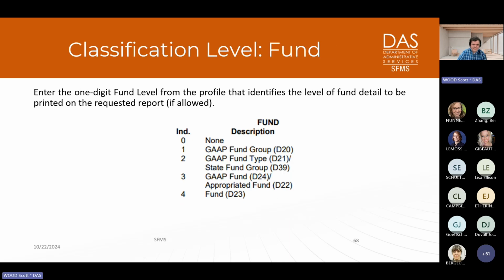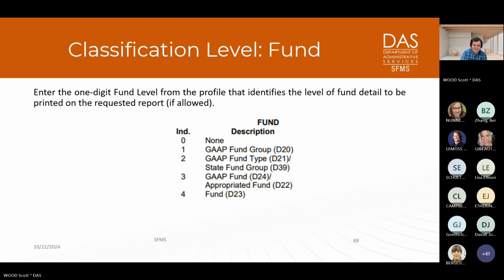It's for further clarification. And fund, as we all know, relates to different fund categories for this classification level. What makes this incredibly difficult is not only do we have different descriptive profiles for each of these indicators, there's indicator 2 and 3 on fund.